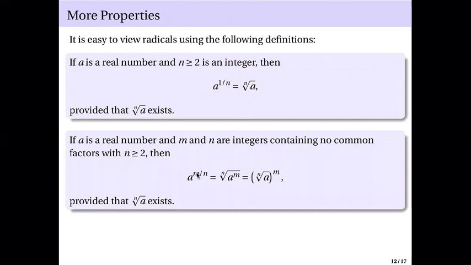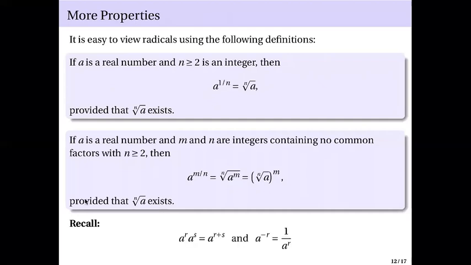A raised to m over n, that's the same as the nth root of a to the m, or that's also the same as the nth root of a raised to power m. Okay? Provided that the nth root of a exists. So in here, what we are saying is that radicals, they are just simply exponents. But the exponents or the power, they are fractions. Okay?